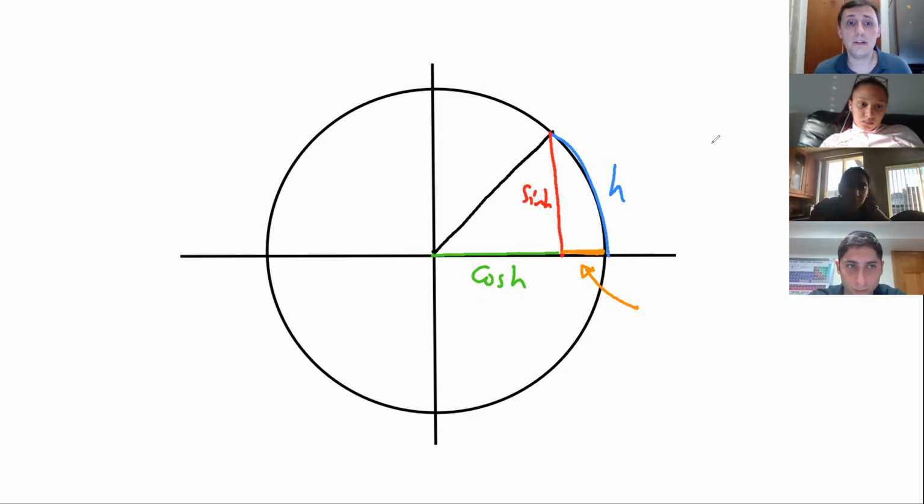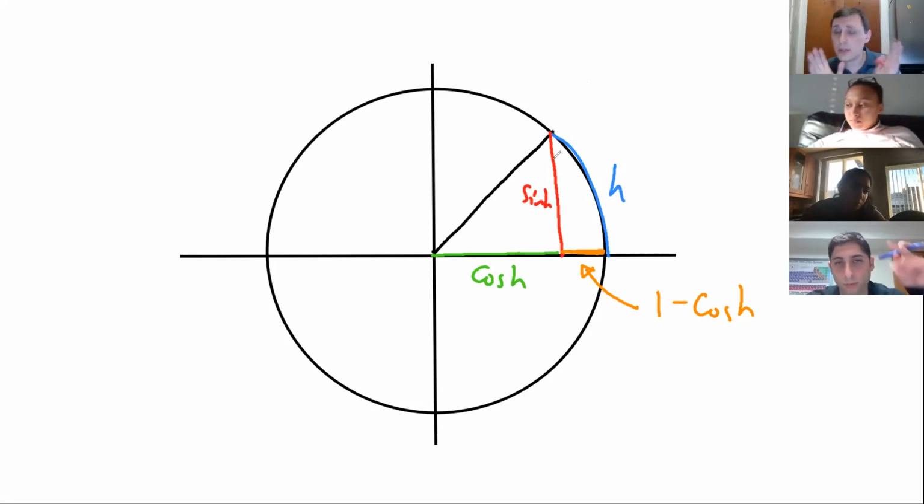Thank you, Jeffrey. Thank you, Alexandra. Come on, guys, only 2 people. 1 minus cosine, precisely. This is 1 minus cosine h. Remember that we were interested in cosine h minus 1. It's very close to it, yes? So this is 1 minus cosine h.